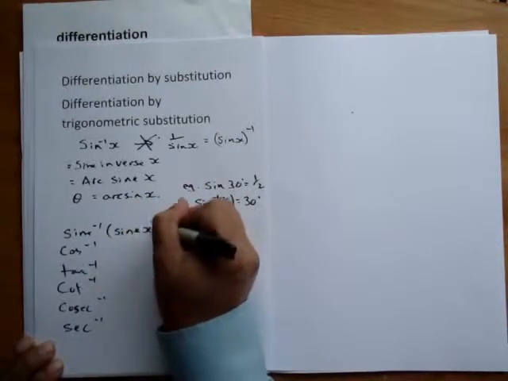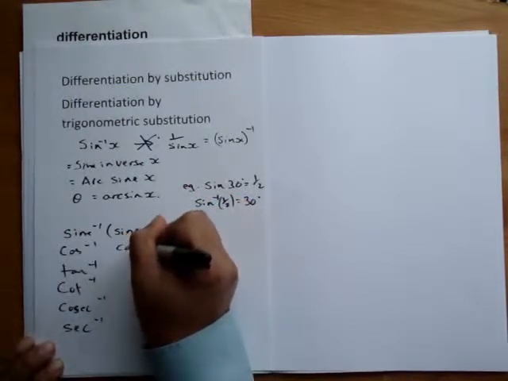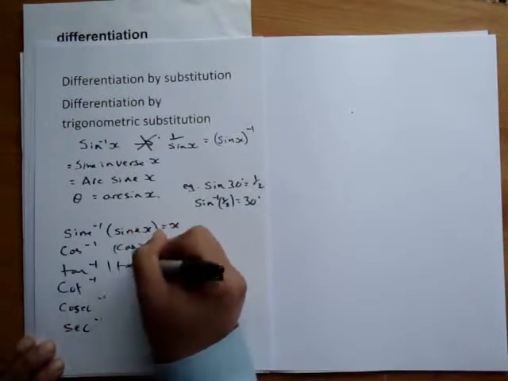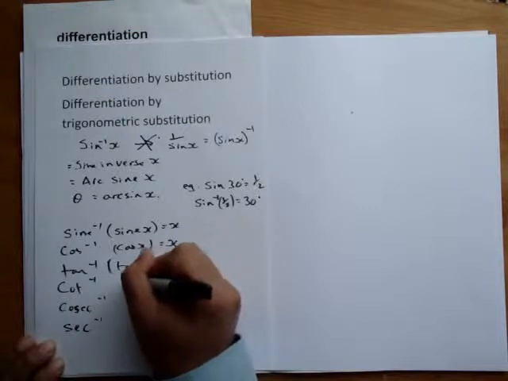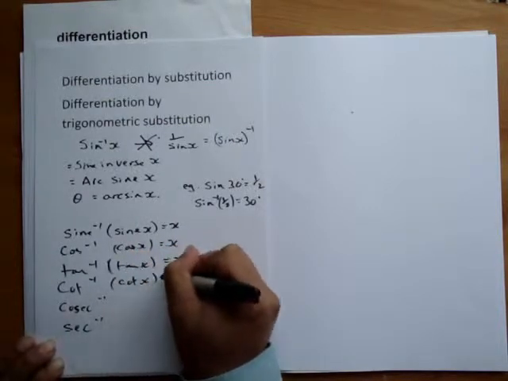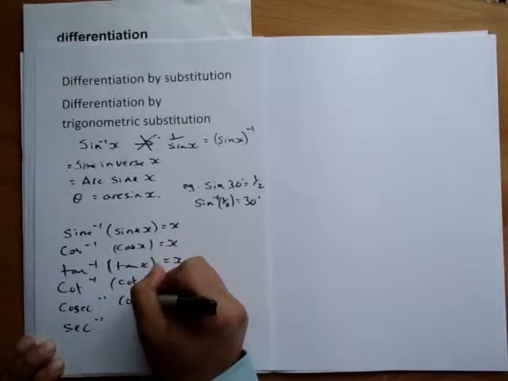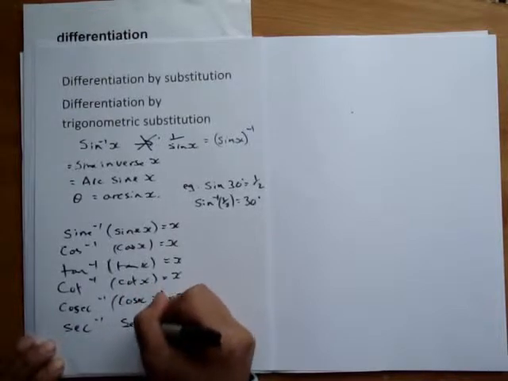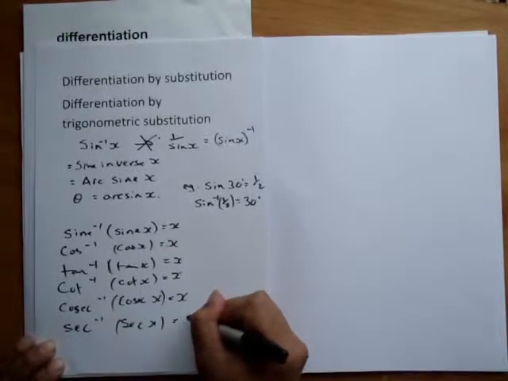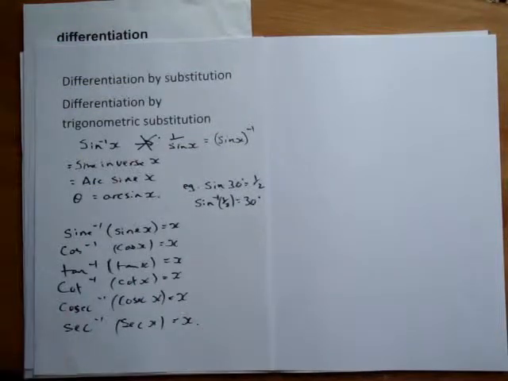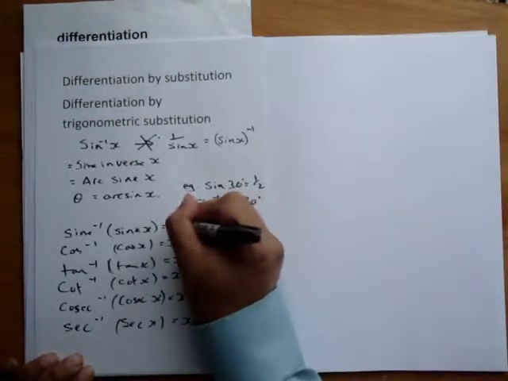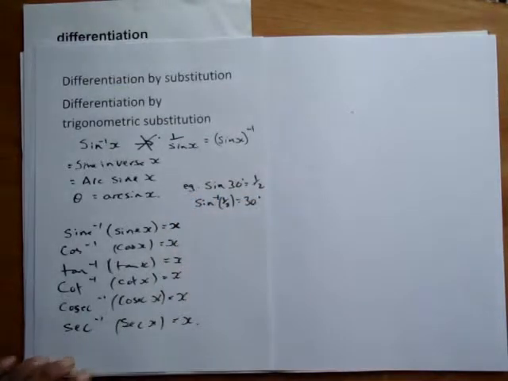So we get sine x equals x, cos x equals x, tan x equals x, cot x equals x, cosec x equals x, and sec x equals x. So we try to make the thing in the bracket equal a sine x, so that we're left with a trig function that we can differentiate easily.